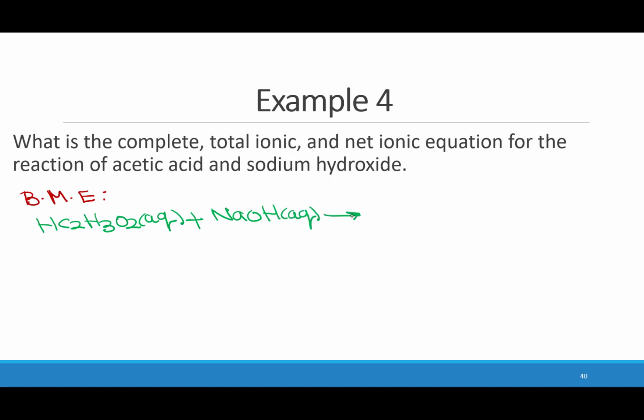Remember, whenever you have an acid reacting with a base, your product is always aqueous salt and liquid water. This is already balanced. We don't need to balance it because we have one sodium on each side, one acetate ion on each side, 2 hydrogens on each side, and 1 oxygen on each side. Everything's balanced.